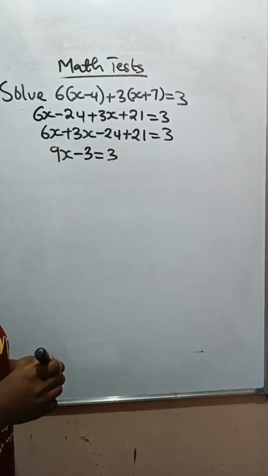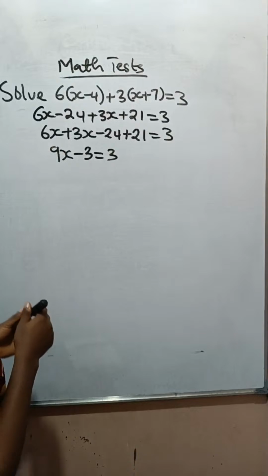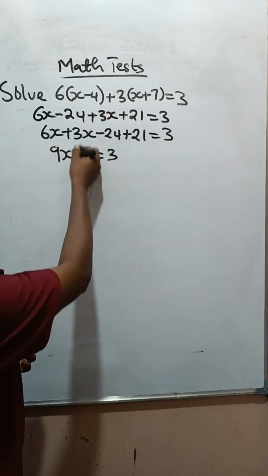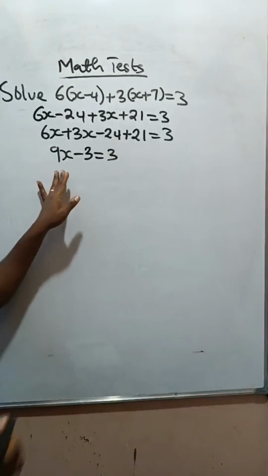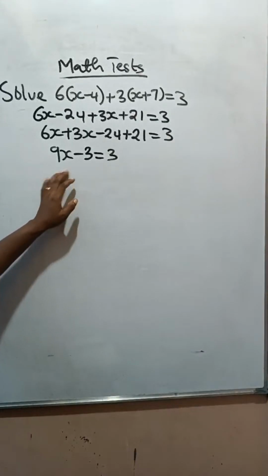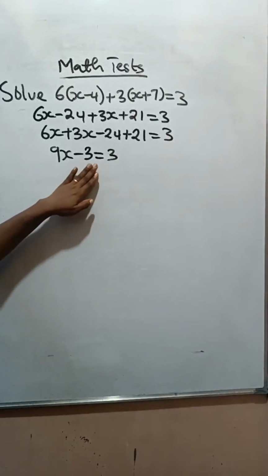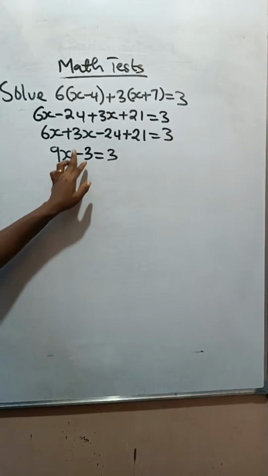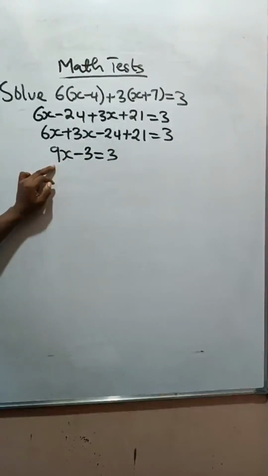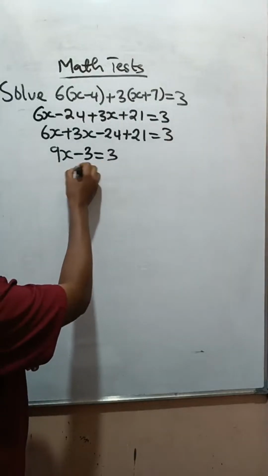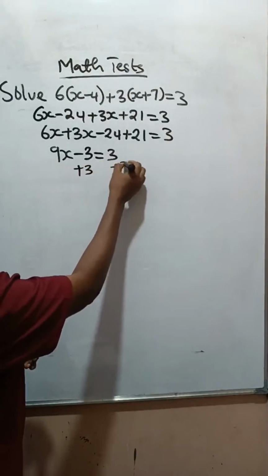Okay, so at this point, we need to transfer minus 3 to the other side because we are looking for x. Invariably, we need to remove anything that is going to disturb us from getting x. So first we remove minus 3, then we remove 9. The first thing we need to do is add 3 to both sides.